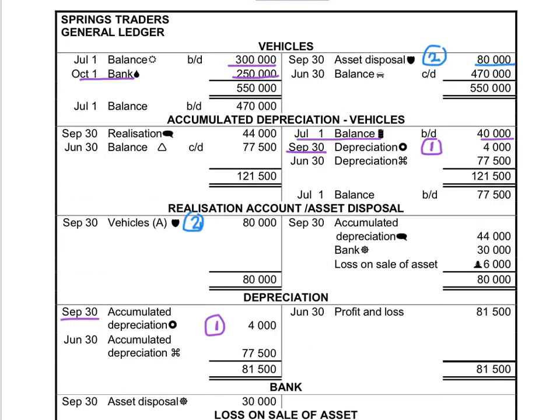Accumulated depreciation has a credit balance, so to remove it from the accumulated depreciation account, we have to debit accumulated depreciation, step number 3, and transfer it to the asset disposal account on the credit side, the 44,000.